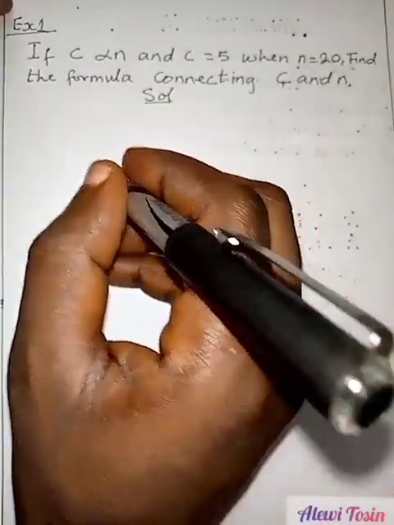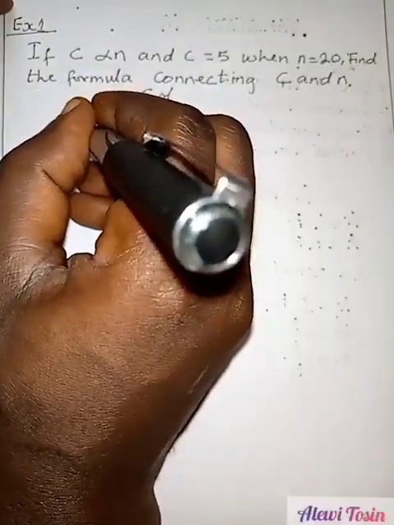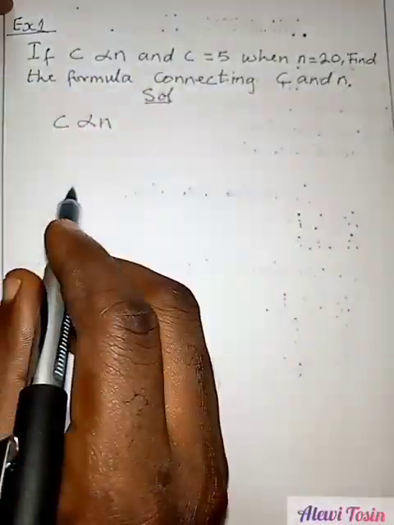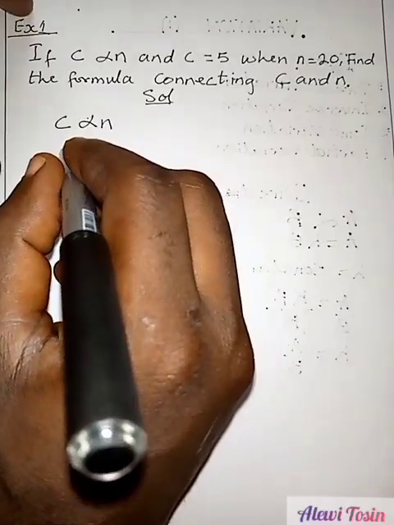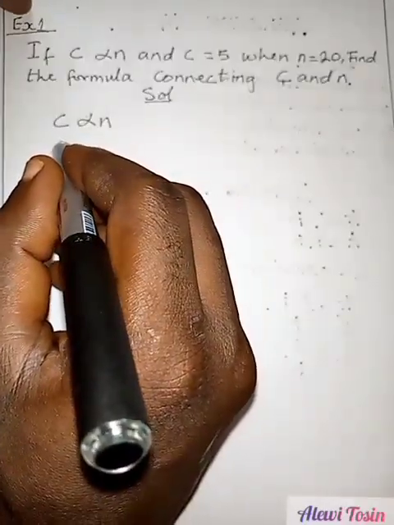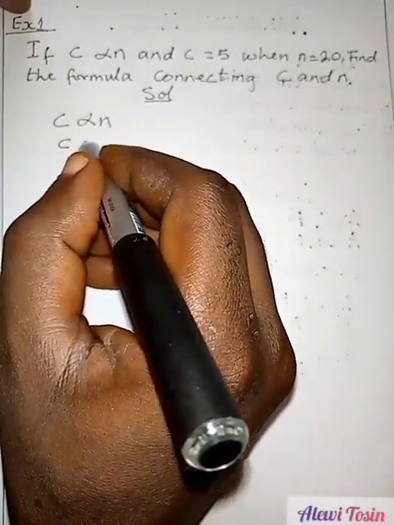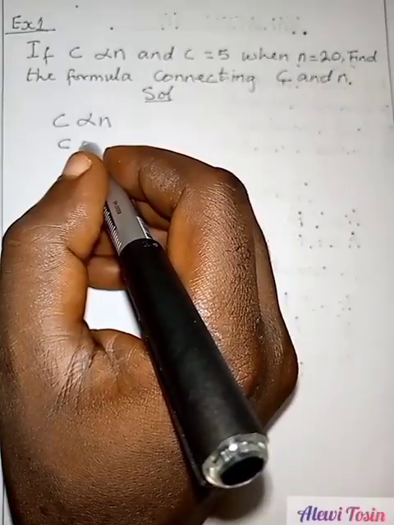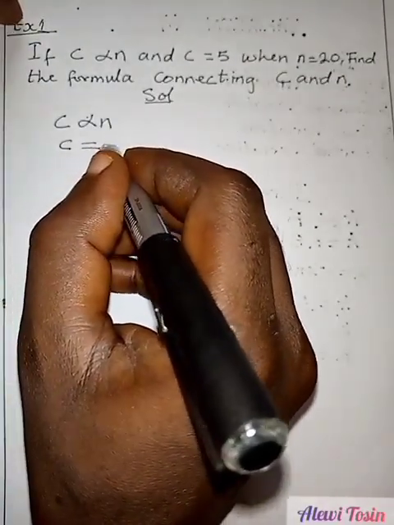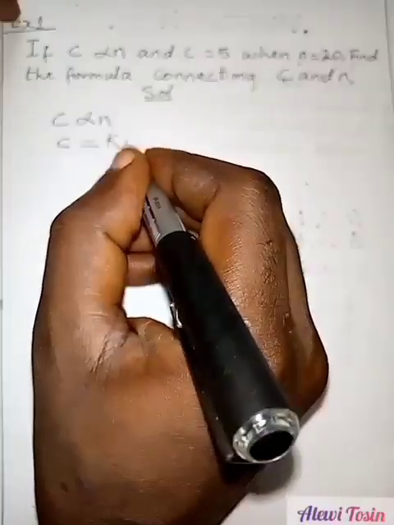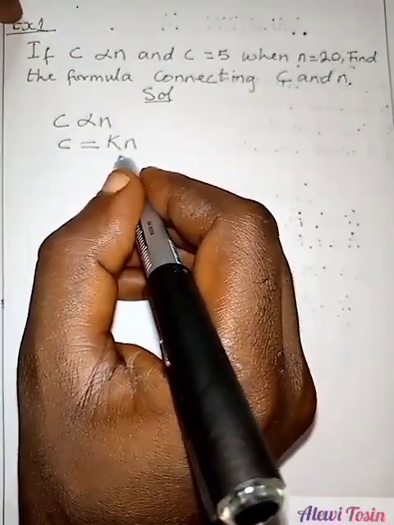Firstly, it says C is directly proportional to N. And this means that C is equal to KN, where K is the constant.